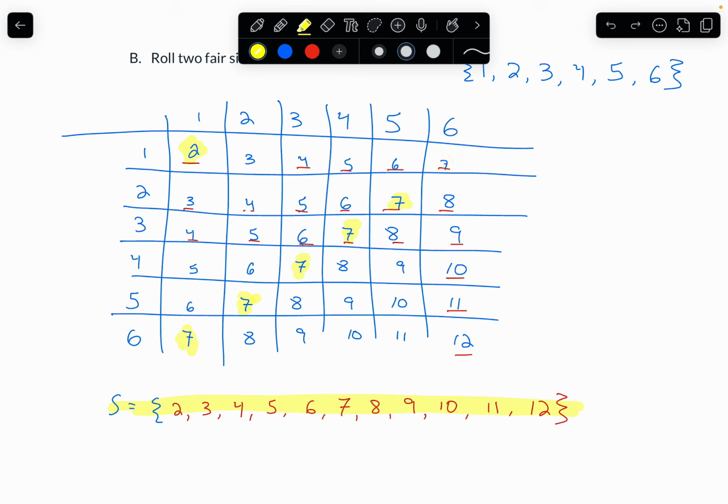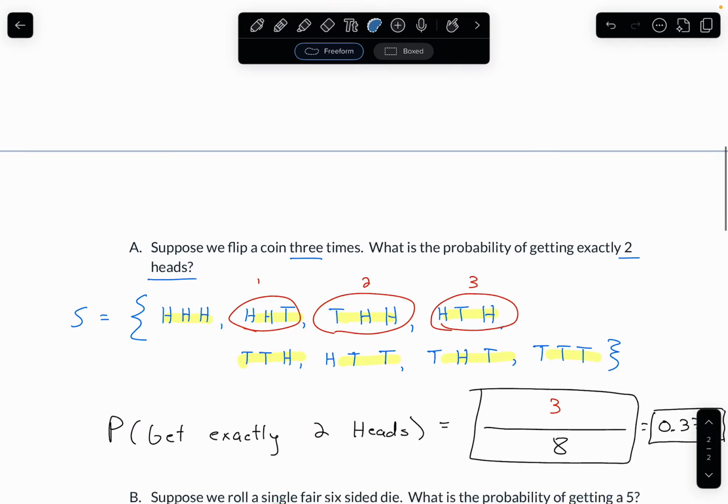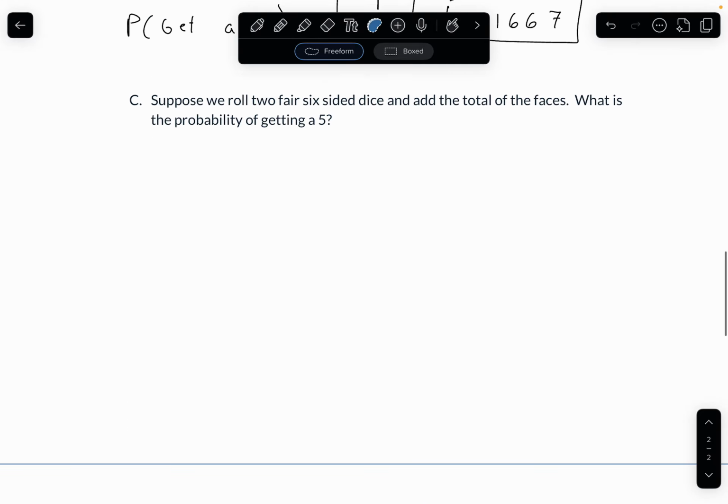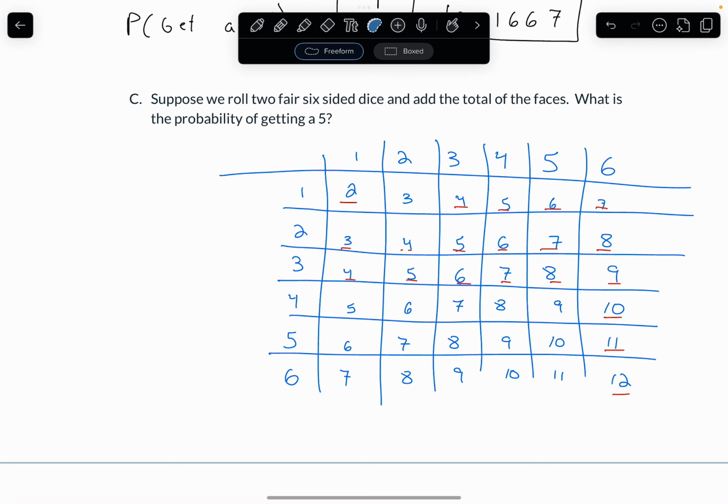So I'm going to copy that sample space. Let me erase my highlighting here just so that we're starting with a clean slate. All right, and let's copy and paste this table, just so that we have it in front of us. It's going to make this problem much, much easier. All right, so we have something that looks like this.